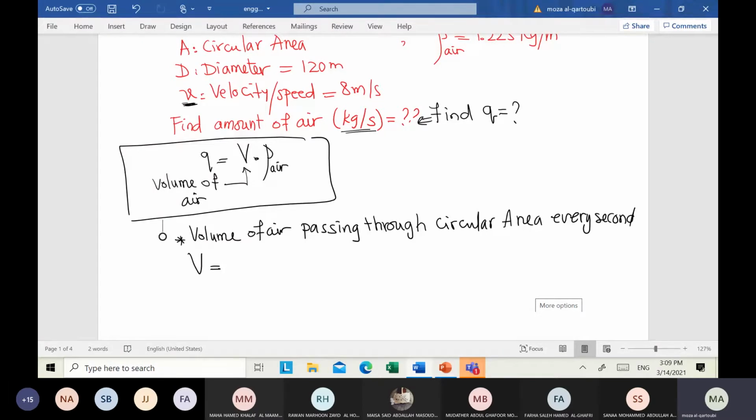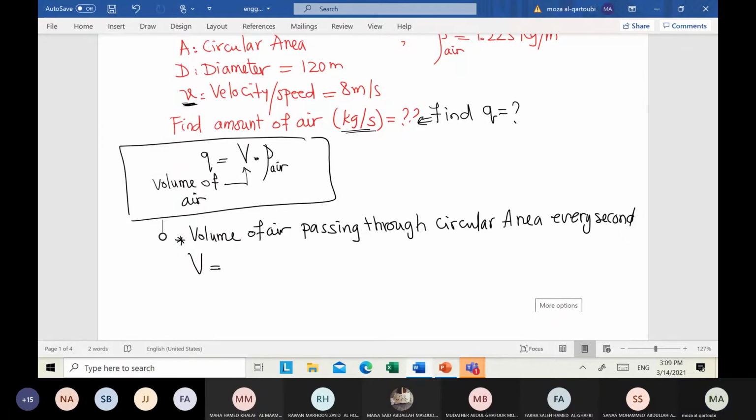Okay, so the area of a circular area, how to find it? Level 4, should we know how to find the area of a circle? Given diameter here, diameter equal 120 meter.